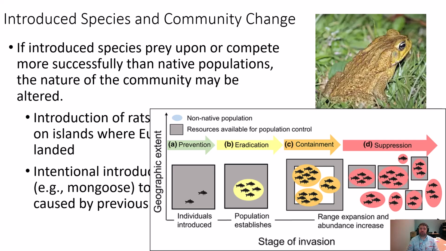Okay, when we're talking about introduced species, non-native species, then of course with all species and all community change, we want to prevent the change of the community. So we want to prevent non-native populations from coming in. We want to prevent native populations from exploding and causing damage.